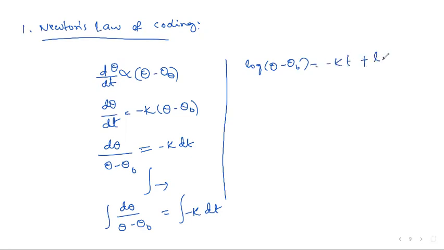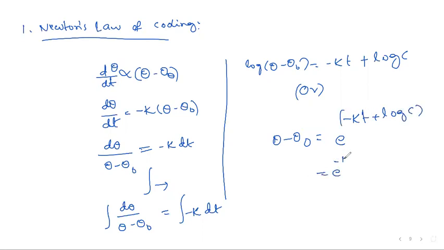Next, add log c. So we can write theta minus theta naught is equal to e power minus kt plus log c, which is e power minus kt into e power log c.